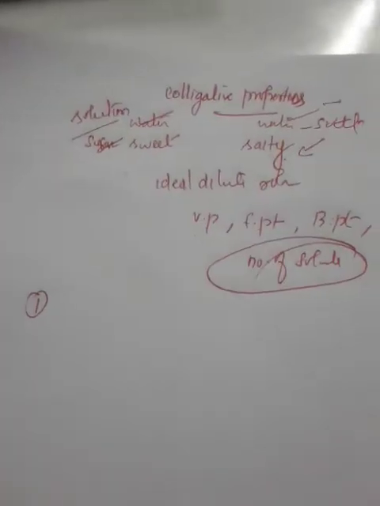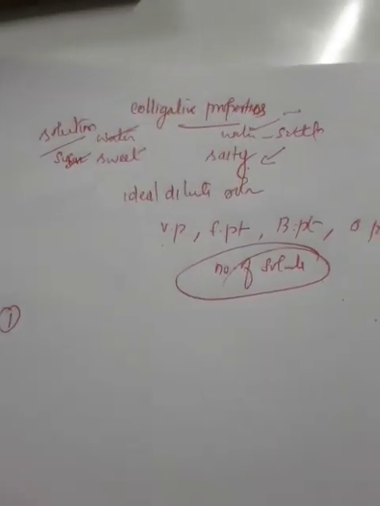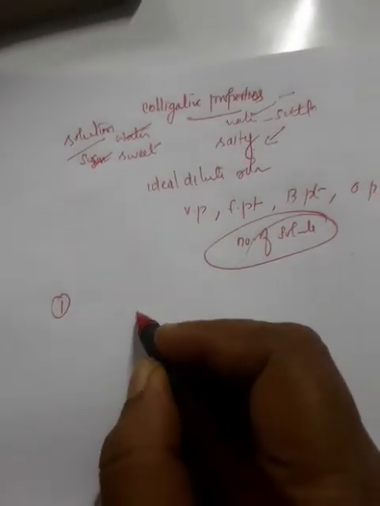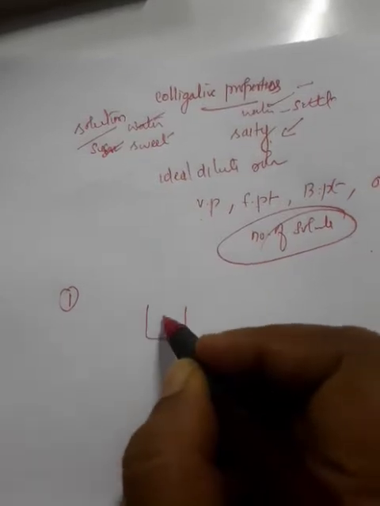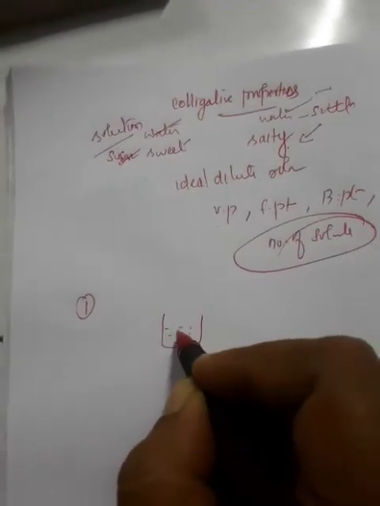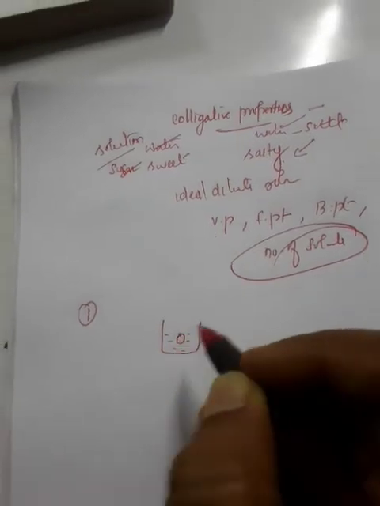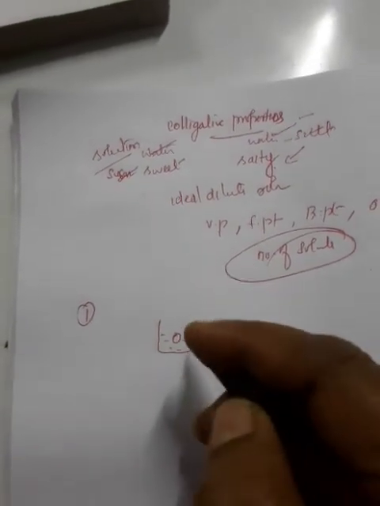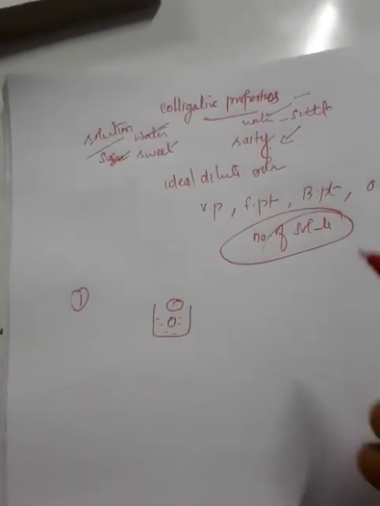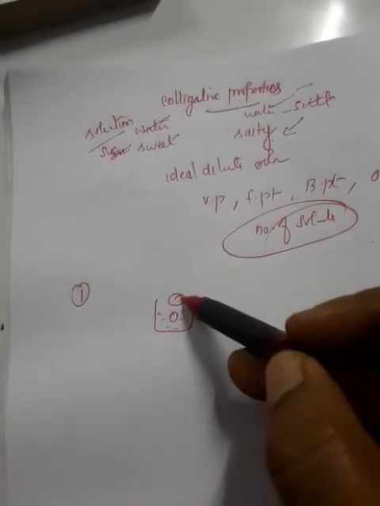I'll give one example. If you take water in a beaker and soak a small seed, after 1 hour, 2 hours, you see the seed becomes bulky. What does it represent?